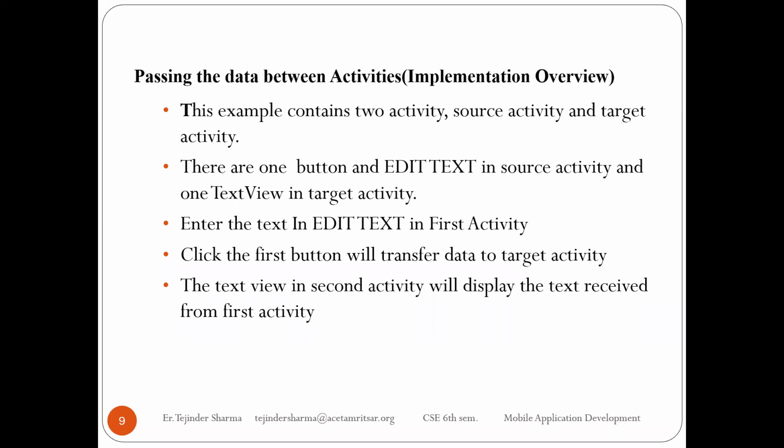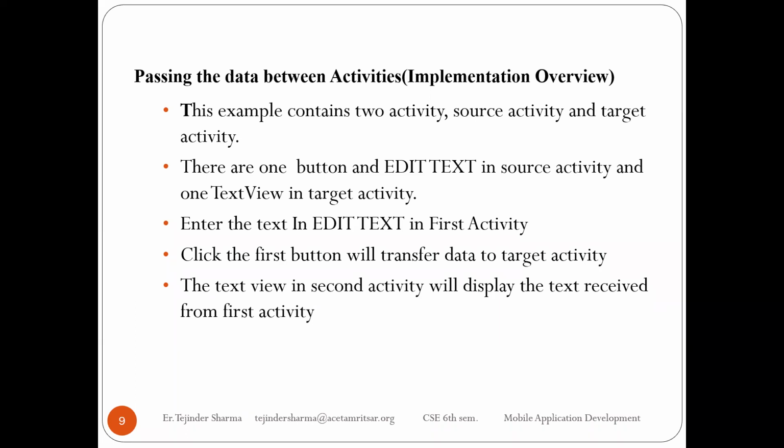Now enter the text in the edit text in the first activity. On the click of the button in activity one, the data will get transferred to activity two. Now the text view in the second activity will display the text received from the first activity. This is the thing that you have to keep in mind.